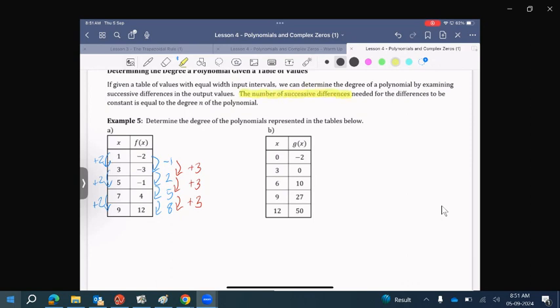The number of successive differences needed for the differences to be constant is equal to the degree of the polynomial. So because the second differences are constant, we would write as our answer, because the second differences are constant, it implies f of x is quadratic.